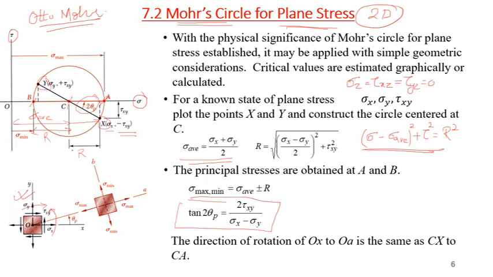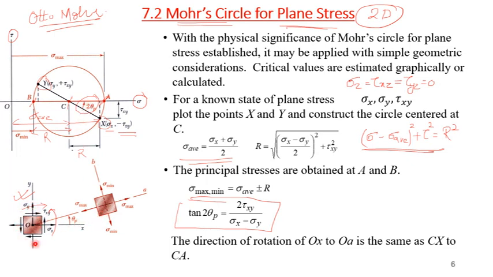Now the direction of rotation of OX and OA is the same as CX. Means if you look at this, this black line is representing the state of stress, right? That is this state of stress. Now if I rotate this line in the counterclockwise direction, it will give me the principal stresses, and that angle will be where the principal planes are.